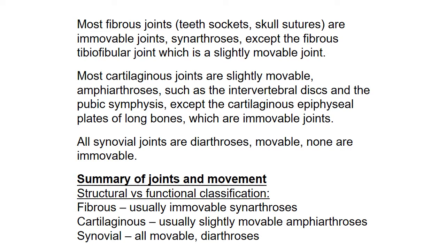So we go from immovable fibrous to slightly movable cartilaginous, like the intervertebral discs and pubic symphysis, except for the cartilaginous epiphyseal plates of long bones, and those are immovable joints. Synovial joints are all diarthroses, all freely movable, none are immovable. So you have fibrous, usually immovable synarthroses, cartilaginous are usually slightly movable amphiarthroses, and synovial are all movable diarthroses.